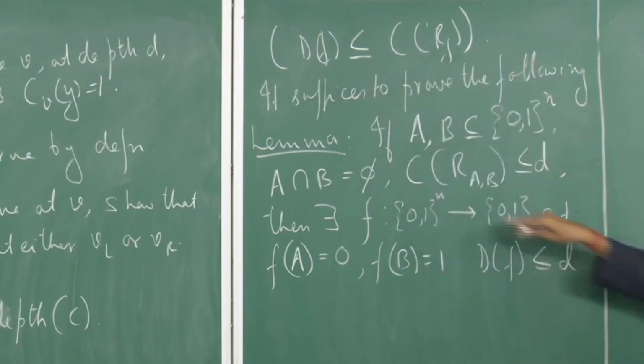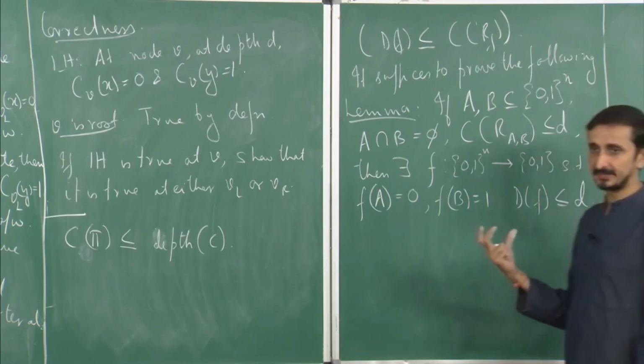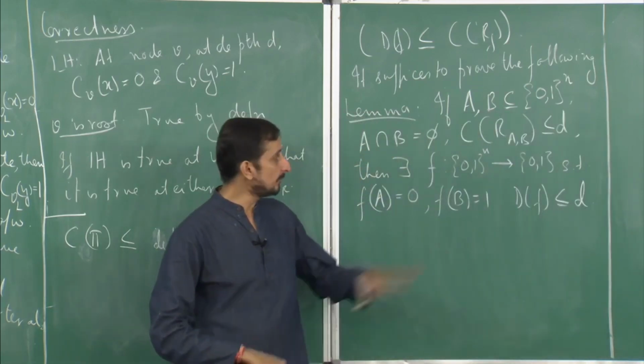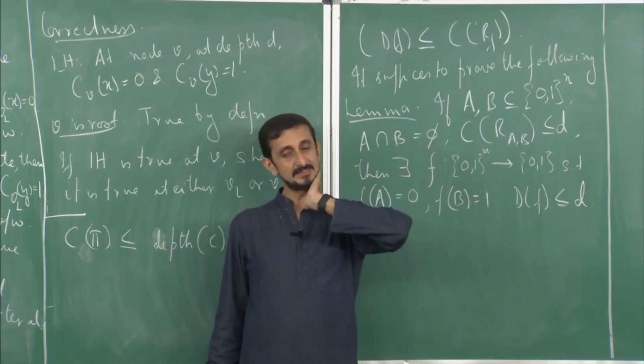But how does this give us that C of R_f is less than D? What does it mean to say that C of R_f is less than D? C of R_f is less than D if A were to be f inverse 0 and B were to be f inverse 1. But why is that true?